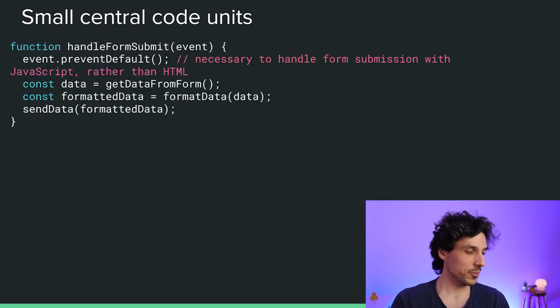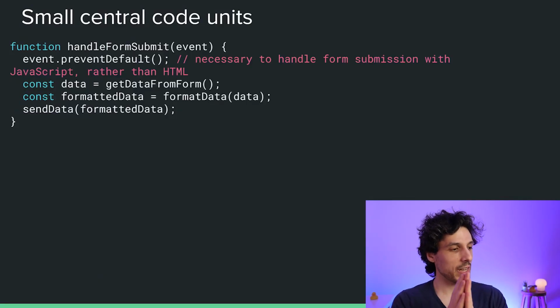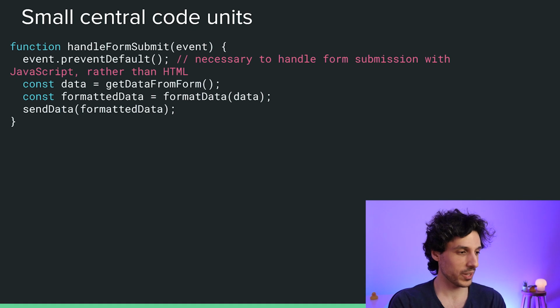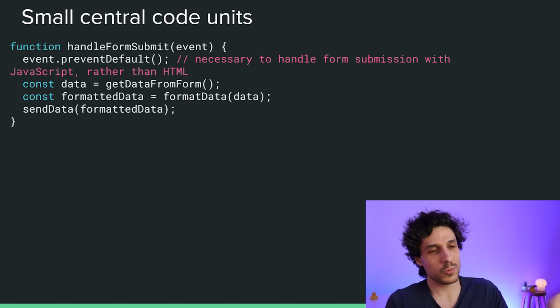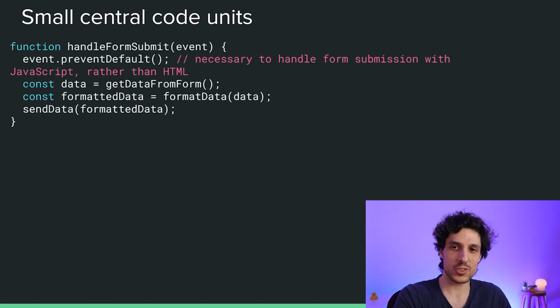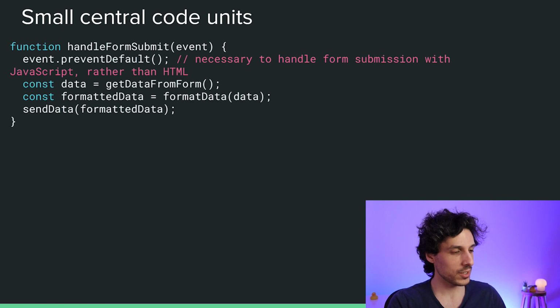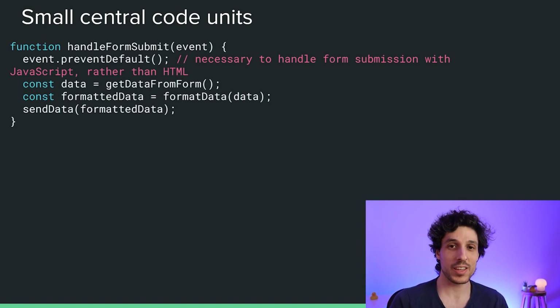So for example, here is some code on the screen. We have a function named handle form submit. What does it do? Well, we can say it handles the form submission. That's one thing if you think of it at that level of abstraction. But if you look at the code, it has 4 lines of code in there. You can say it does 4 things. Now, if you go even deeper, you can say that it does like 1,000 things, right?